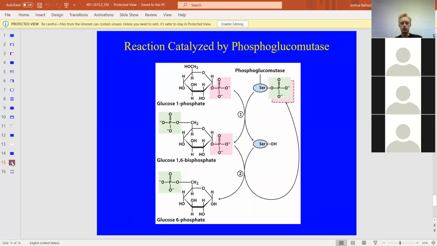The reaction is just showing the transfer of the phosphate to the 6-position. The phosphoglucomutase has a serine that's bound to a phosphate group, and the serine's phosphate group binds to the 6 carbon on glucose, and then it takes away this phosphate group. So it's just kind of like a switch.